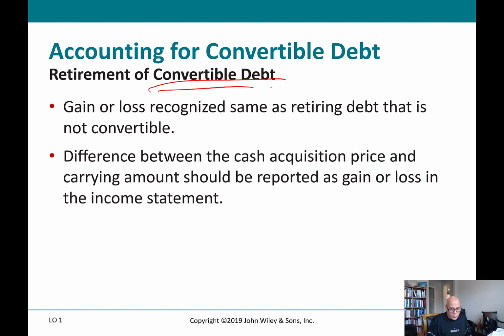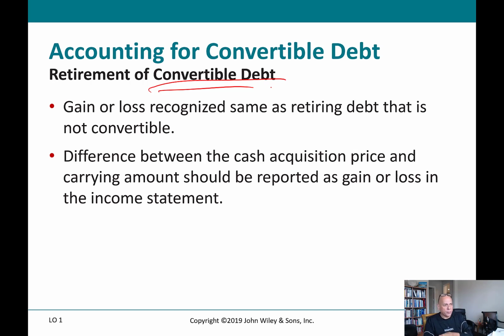It's the same deal that we saw in Chapter 14 for non-convertible debt. You just simply calculate the gain or loss. How much cash came in, and remember, often those questions we said, well, they retired them at 105. You take the face times 105. That's the cash you have to pay out. That versus what? Versus the carrying value of the bond.